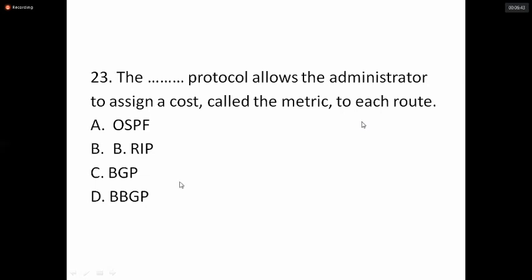No. Let me give you the answer. RIP is using hop count, and OSPF is using cost as the metric. BGP is not based on the hop count, BGP is based on the path. So the answer should be OSPF. Got the idea? RIP is hop count, OSPF is cost, and BGP is path. Is it clear? Yes, ma'am. Shall I proceed? Yes, ma'am.